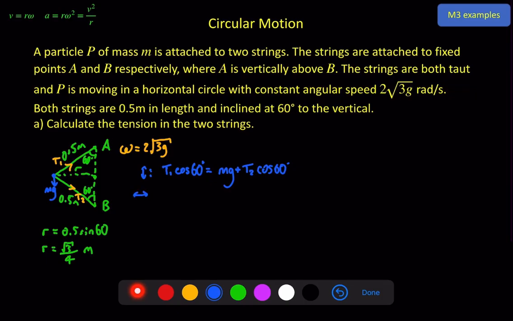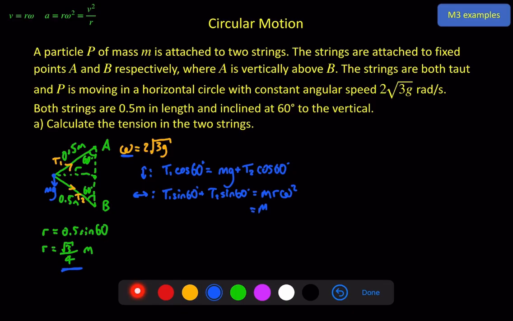Horizontally, T1 sine of 60 plus T2 sine of 60, they're both acting in the same direction. Horizontally, that must equal mass times the acceleration, which is r omega squared, using that one because we know what omega is in this question. We've also already worked out r down here, so I can put those in.